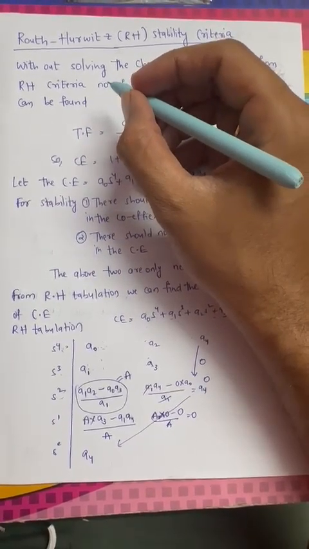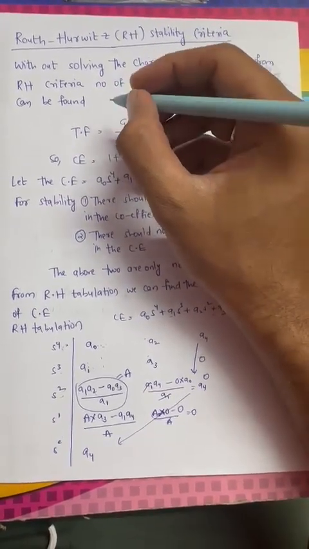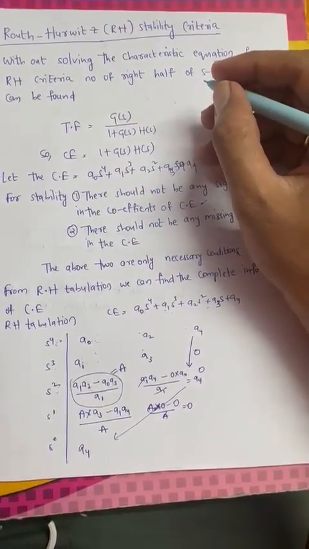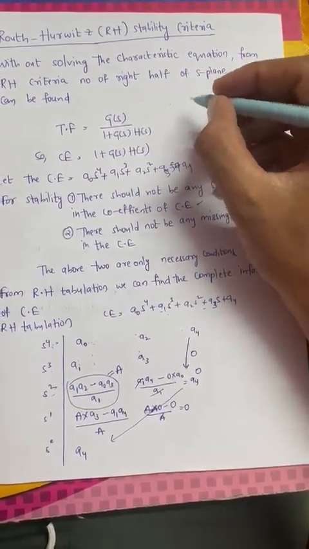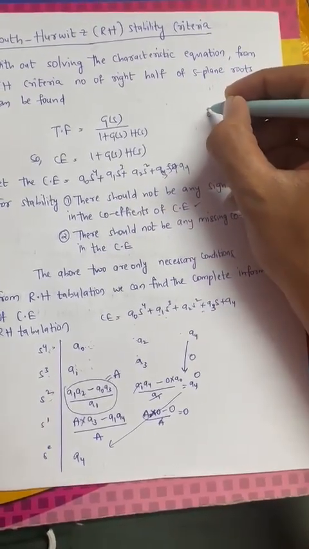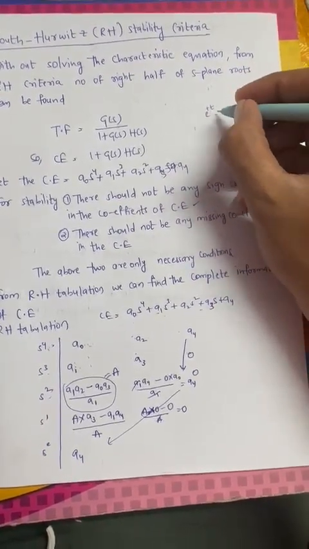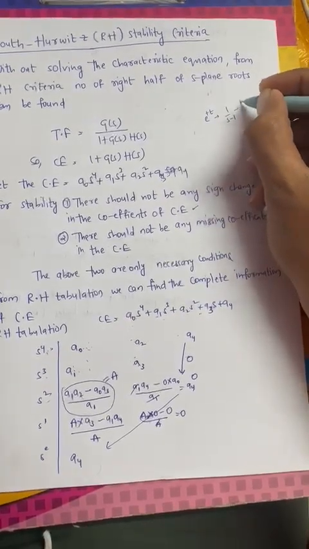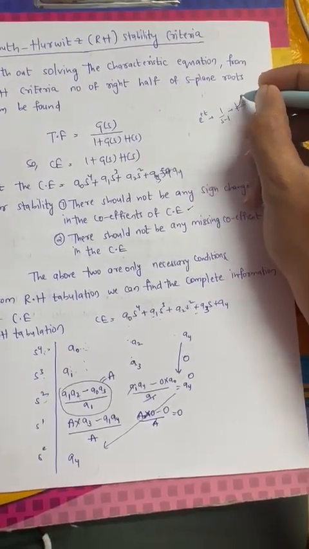be unstable. For example, if we take e power plus t, the transfer function is 1 by s minus 1 and the function is an increasing function.